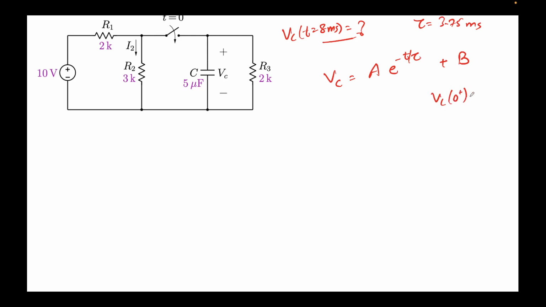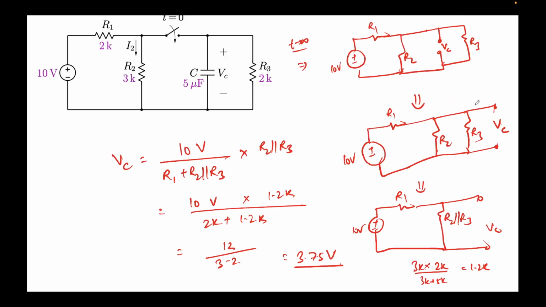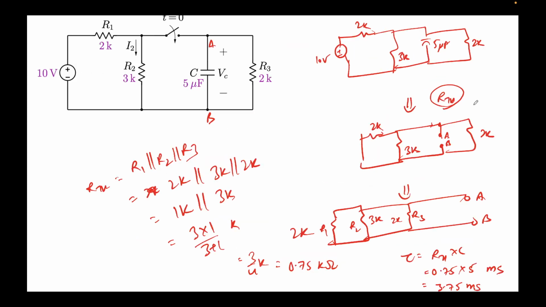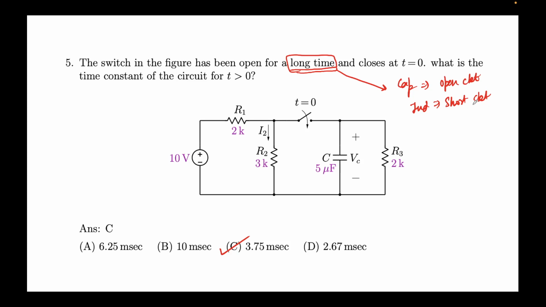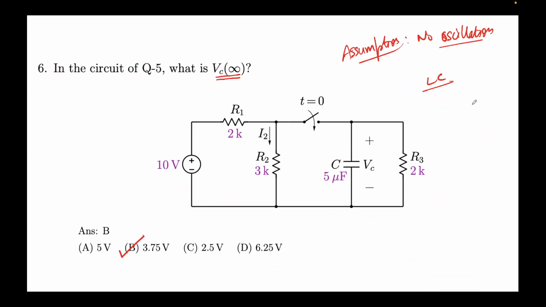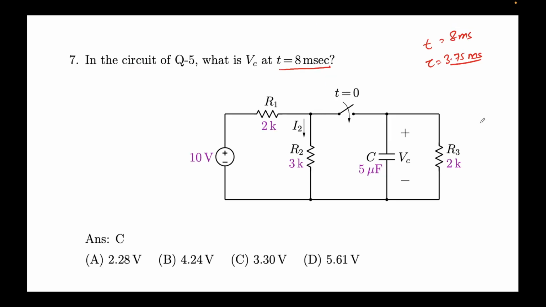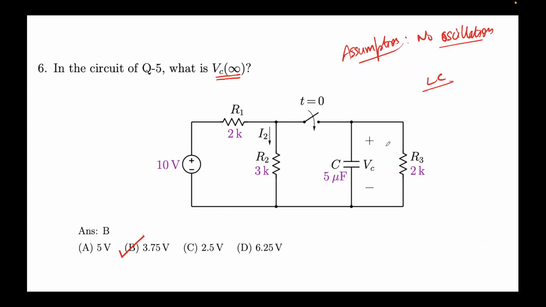So we have two boundary conditions. Vc at 0 plus, I think we calculated it somewhere. It's okay, we can calculate it right now. So Vc at 0 plus we need to find out, and Vc at t equal to infinity we calculated in the last problem, if I remember correctly.